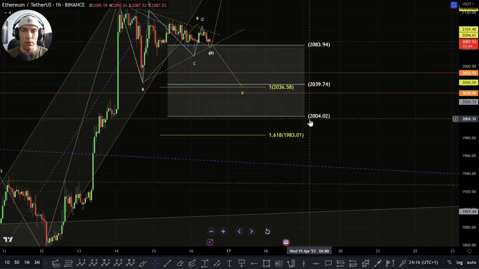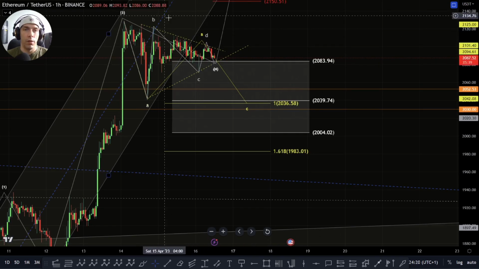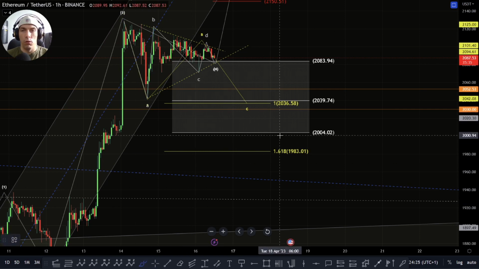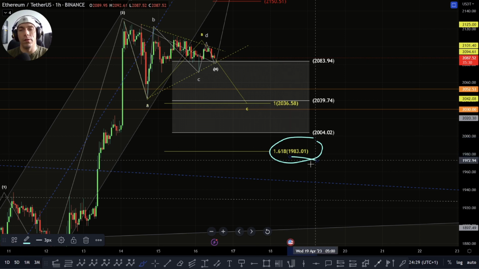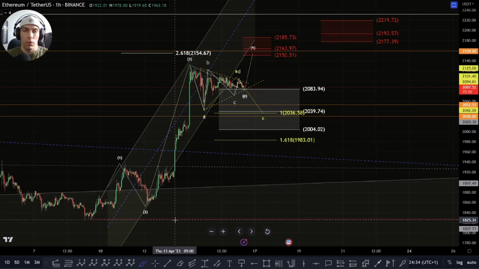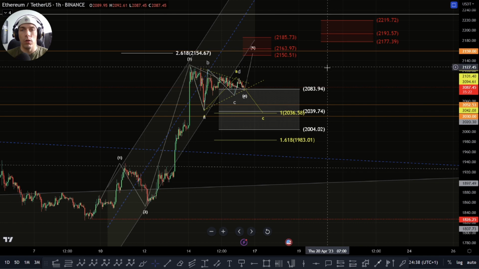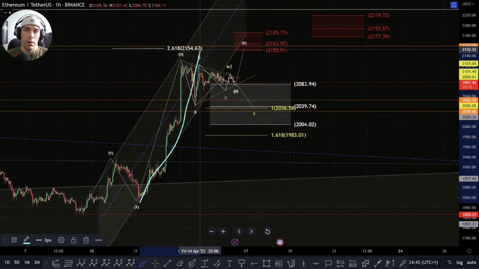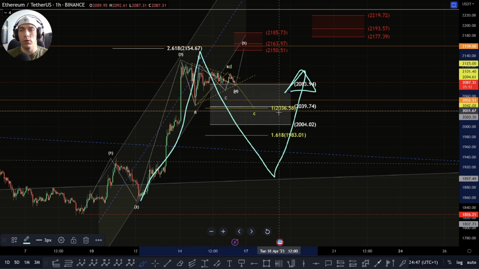If we start to break down past this 2004 area, we're going to have to investigate the structure here and see whether we do have some extensions within this wave to the downside, especially if we do drop down past this point of this 1983 area. So that's what we're looking out for in the short term. But really, for as long as we stay above 1826, we can look for that potential continuation to the upside, whether that be another 1 and a 2 that's potentially playing out here, and then we have a bigger structure forming.